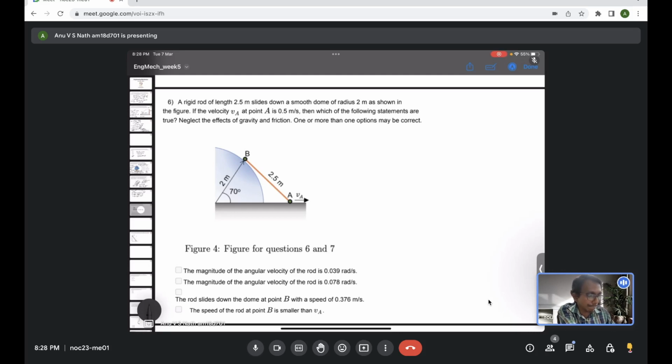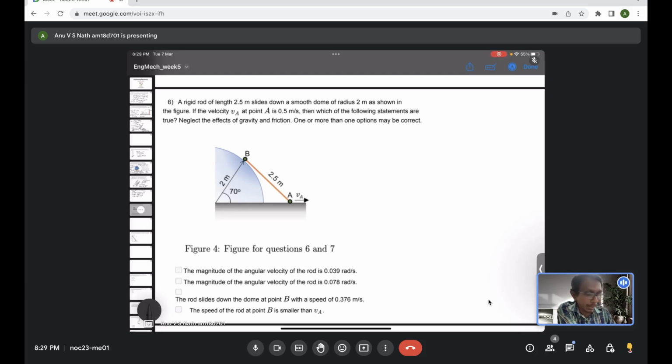And point B, which is actually along a curved surface. I think it's a spherical surface of radius 2 meter. So it will always follow the curved path. Now the velocity vector at point A as given, it should be always parallel to the surface.